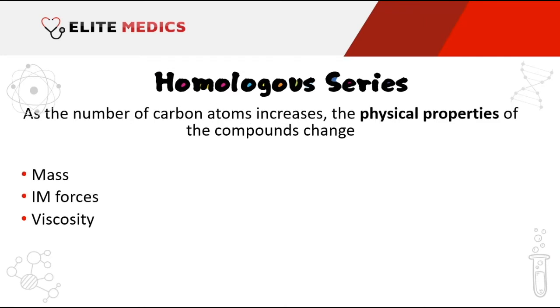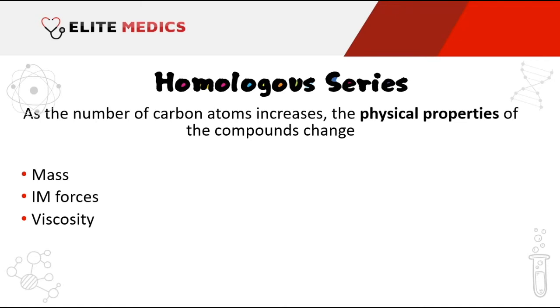Now, another thing we need to remember about groups in the homologous series is the idea that as the number of carbon atoms increases, the physical properties of the compounds change. When we talk about the physical properties, we're talking about the mass.